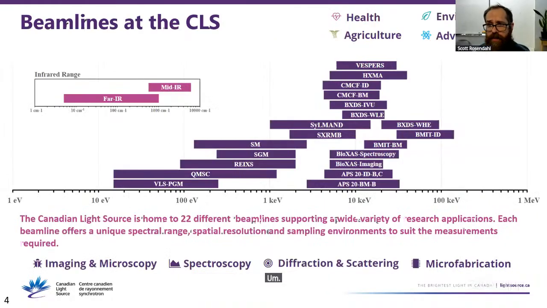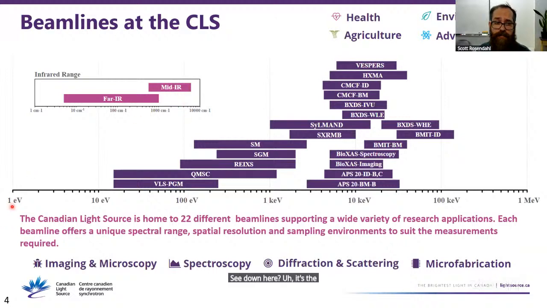We have over 22 beamlines at the Canadian Light Source, and we span, as you can see, a wide energy range from the infrared, far infrared regions, down here to the mid-infrared.